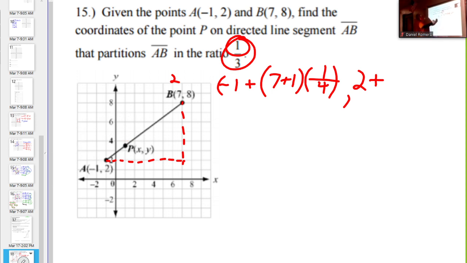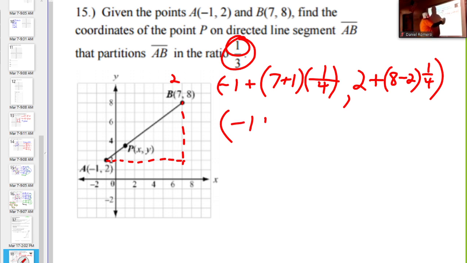So we would go the second y, 8, minus the first y, which is 2, times the partitioning, which is 1 over 4. 7 plus 1 is 8. What's 8 times 1 over 4? 8 times 1 divided by 4 is 2. 8 divided by 4 is 2.